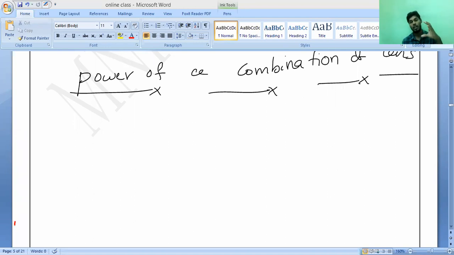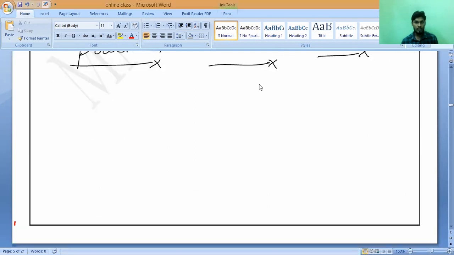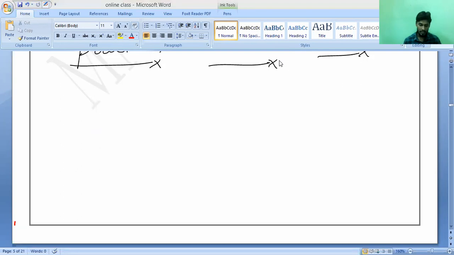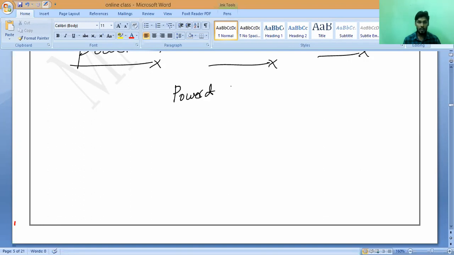So if you keep one concave lens and one convex lens together, then their total power is equal to the algebraic sum of the powers of the individual lenses. For example, one lens has power P1 and another lens has power P2.